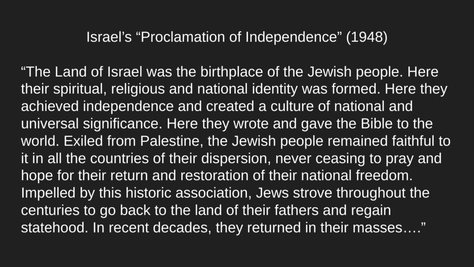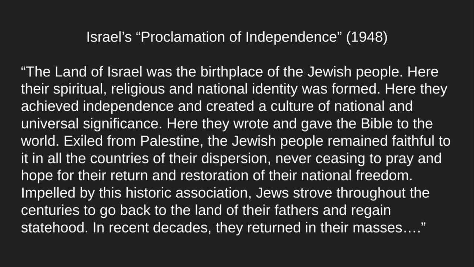And so here is the proclamation. We'll look at some of the key ideas here. "The land of Israel was the birthplace of the Jewish people. Here their spiritual, religious, and national identity was formed. Here they achieved independence and created a culture of national and universal significance. Here they wrote and gave the Bible to the world.